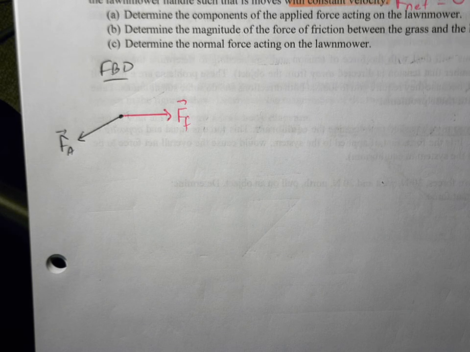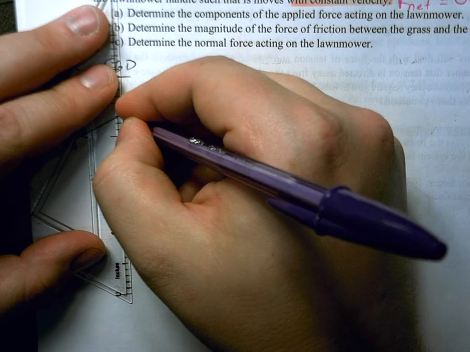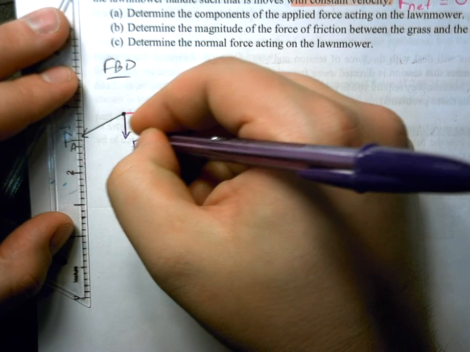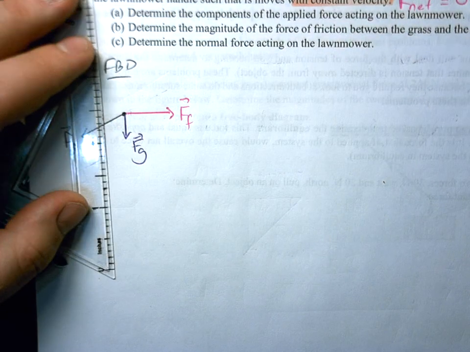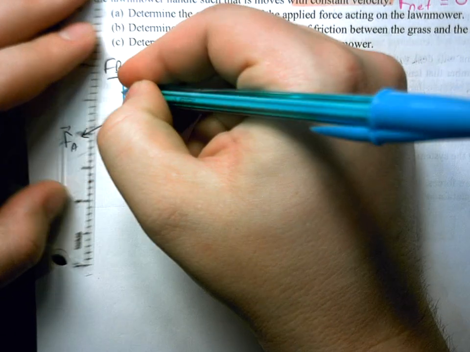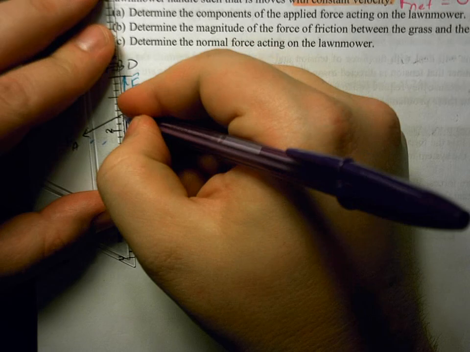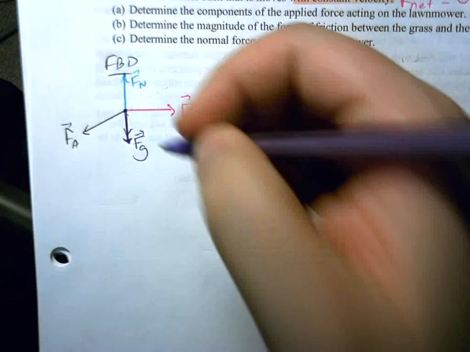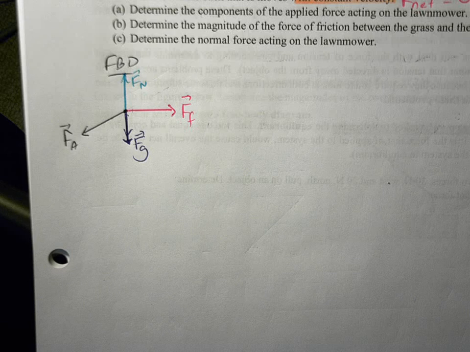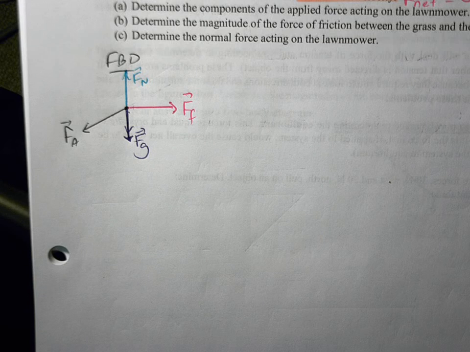So now, my lawnmower is going to have a normal force and a force of gravity. So I'm going to have a force of gravity here, however long it happens to be. We're going to have a normal force. I'll make it like this. Maybe I'll make that force of gravity just a smidge longer, just because I can. Now, that's the free body diagram, but most likely because the applied force kind of sticks out like a sore thumb here.